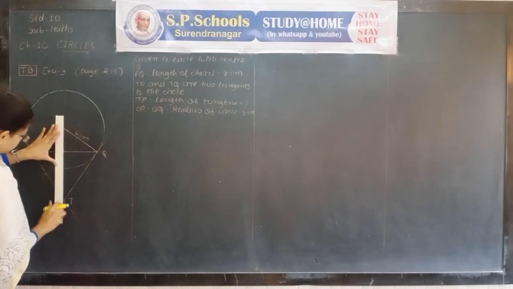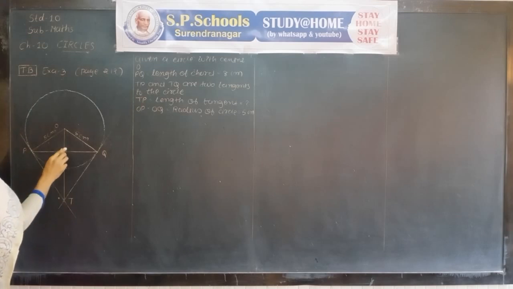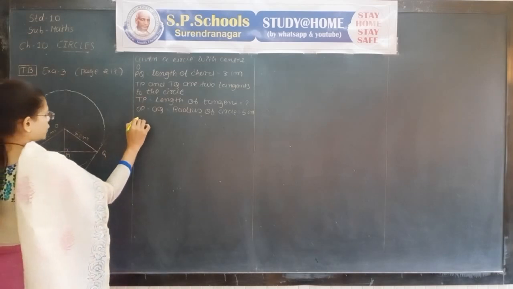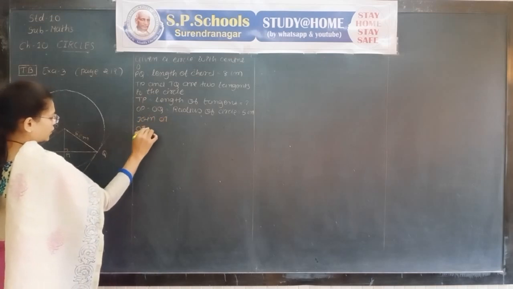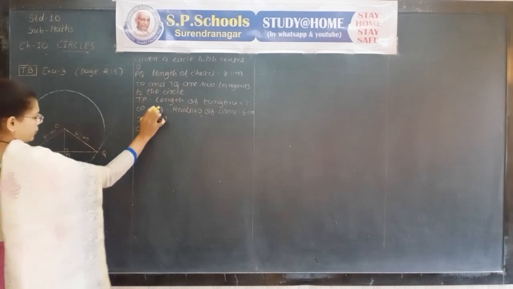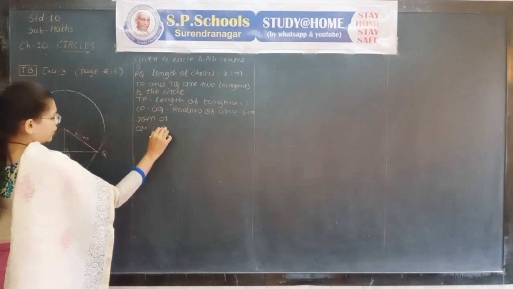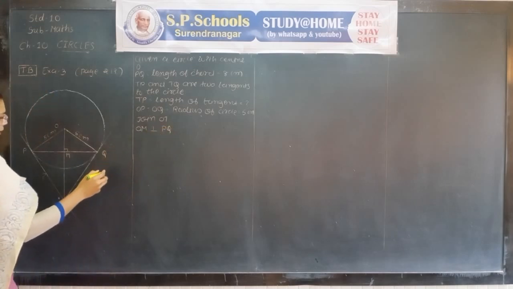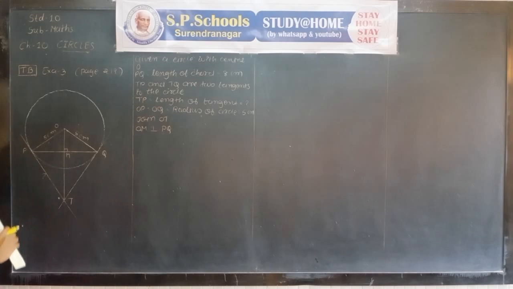Join OT, which is perpendicular to PQ, suppose at point M. Join OT. OM is perpendicular to PQ. A line drawn through the center perpendicular to the chord PQ bisects it.